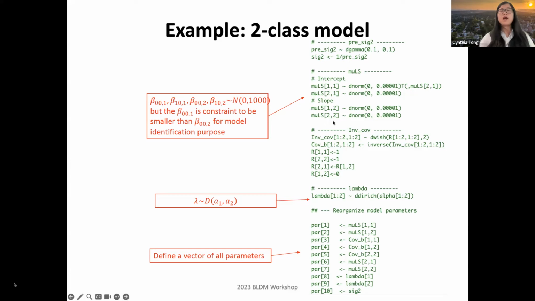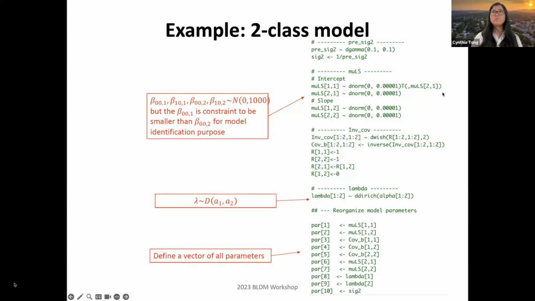One thing you may have noticed here is that for the intercept, this is a truncated normal. This is just to make sure the intercept of the first group is bigger than the intercept of the second group. Okay, so why do we need to set this?